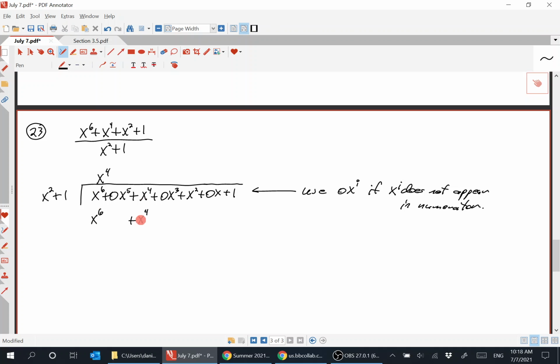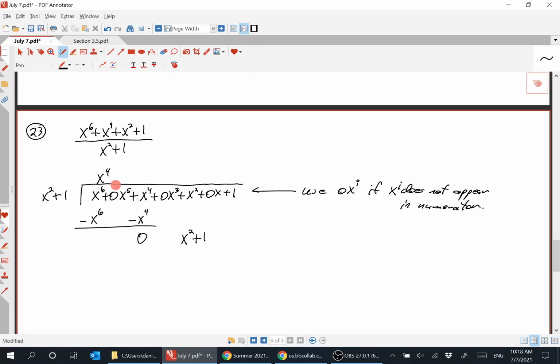Right, so x to the 6th plus x to the 4th, flip the terms, and this is 0, 0, 0. So I'm just left with, and I'll bring down the remaining terms here, just x squared plus 1. Right, so just bringing all that down, I get x squared plus 1.